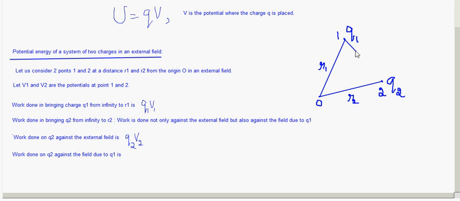Let us say the distance between these two is r12. So this is q1 q2 divided by 4 pi epsilon naught into r12.